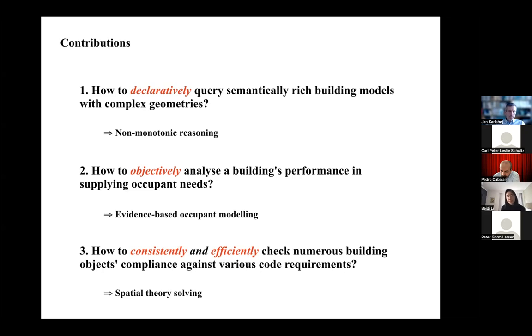The second one is that we're using evidence-based occupant modeling to assess buildings' performance, which means that how we interpret and compute concepts such as line of sight and access will be grounded, motivated and backed up by research literature about people, about movement, etc. So those quantitative metrics that we're using are evidence-based.